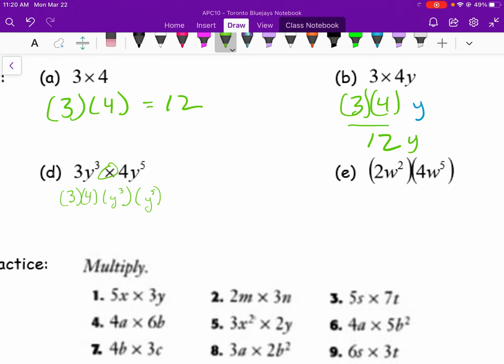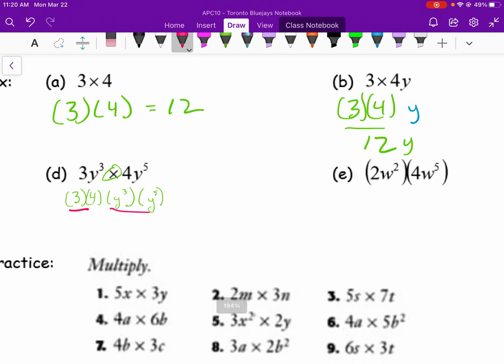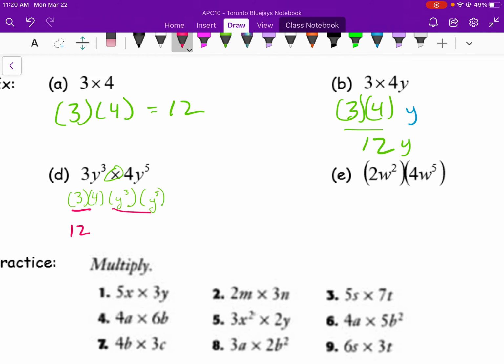So I notice that this is a multiplication sign, so I can redistribute all of my multiplication. I've grouped the coefficients together, grouped the variables together. 3 times 4 is 12. Y to the power of 3 times y to the power of 5 is going to be y to the power of 8. Remember that when we multiply variables, we have to add the exponents.